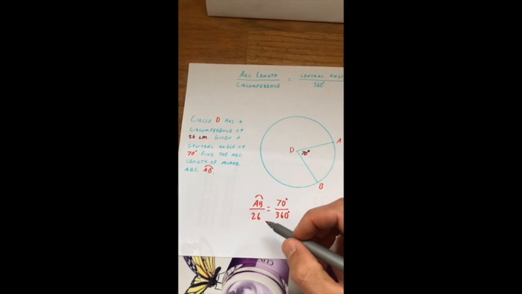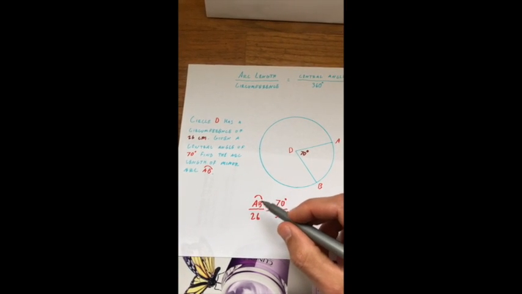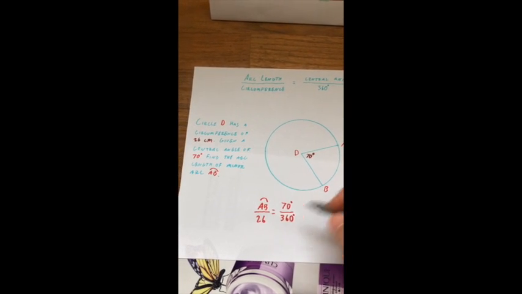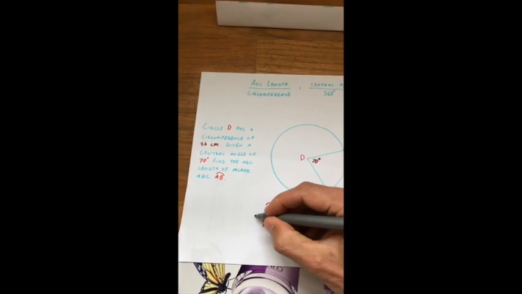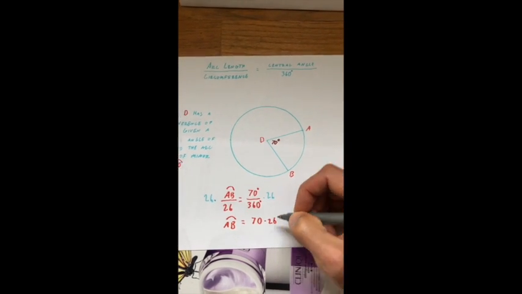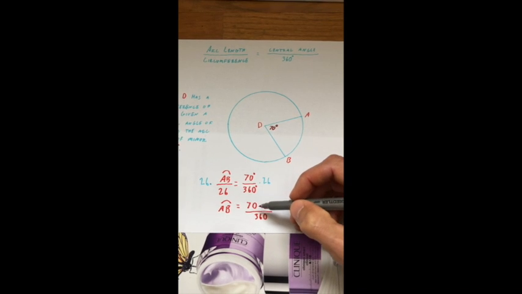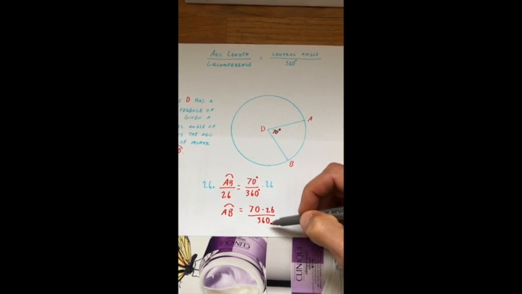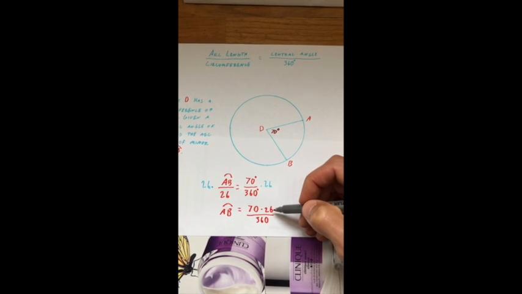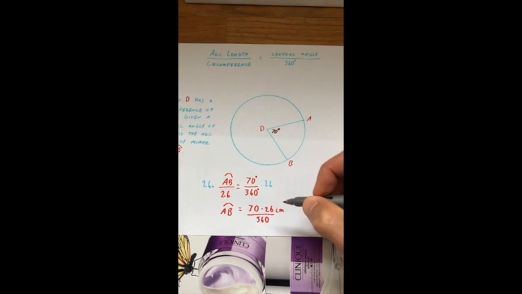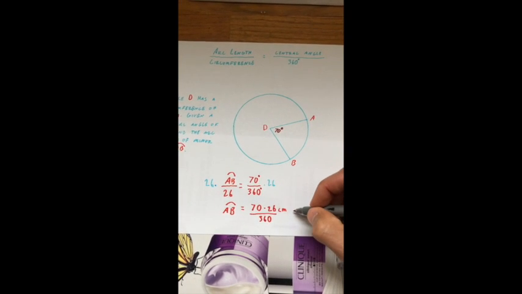Then, in this case, we want to figure out this numerator, so we want to clear the denominator by multiplying by 26. And think about what's happening here. This is 70 degrees divided by 360 degrees, so the units of degrees would cancel out. And this 26 refers to 26 centimeters, which means our answer will be in centimeters.